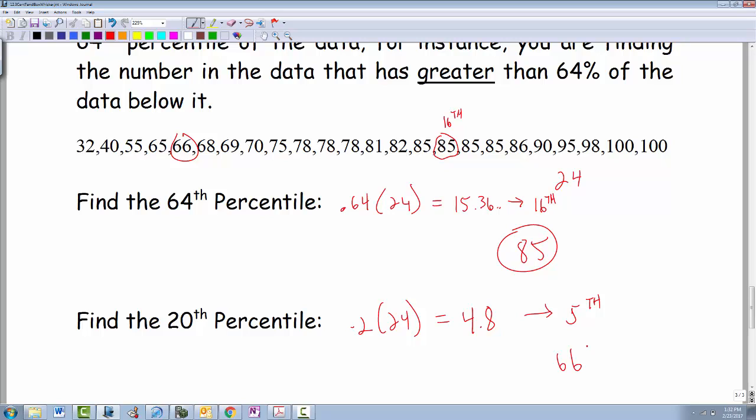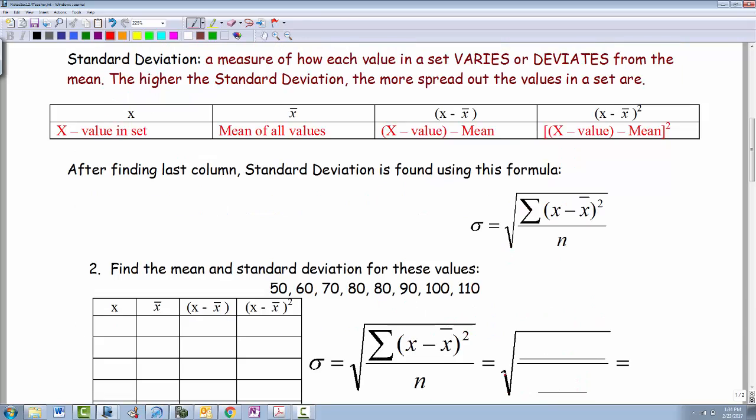All right, now it's time to go on to the next stuff. So let me blow up. Standard deviation is a measure of how each value in a set varies or deviates from the mean.